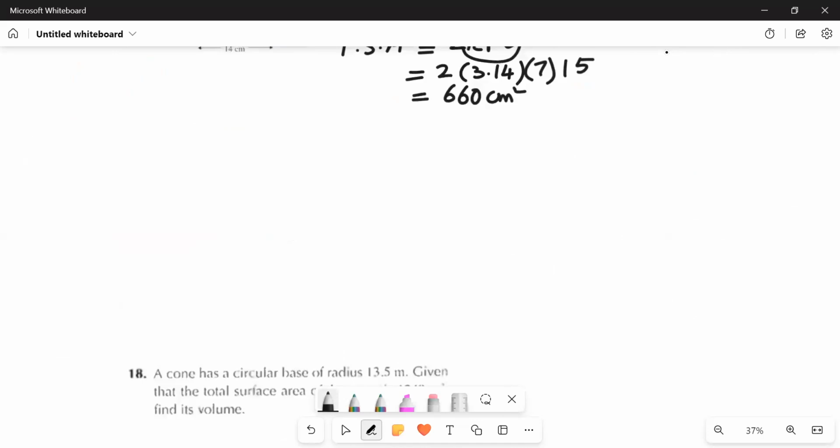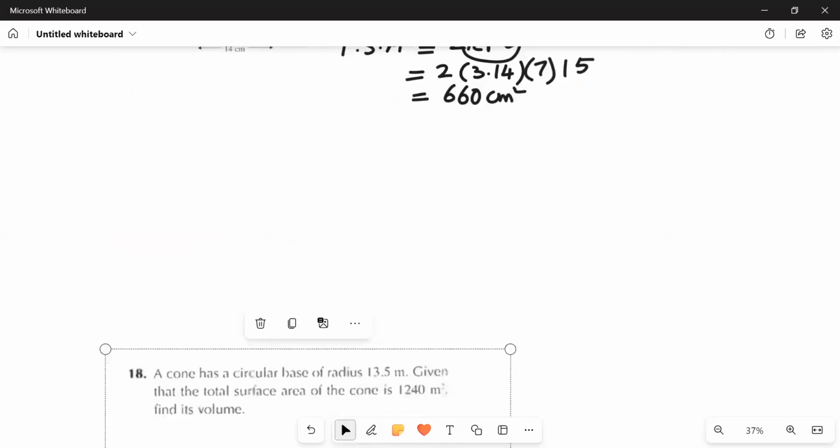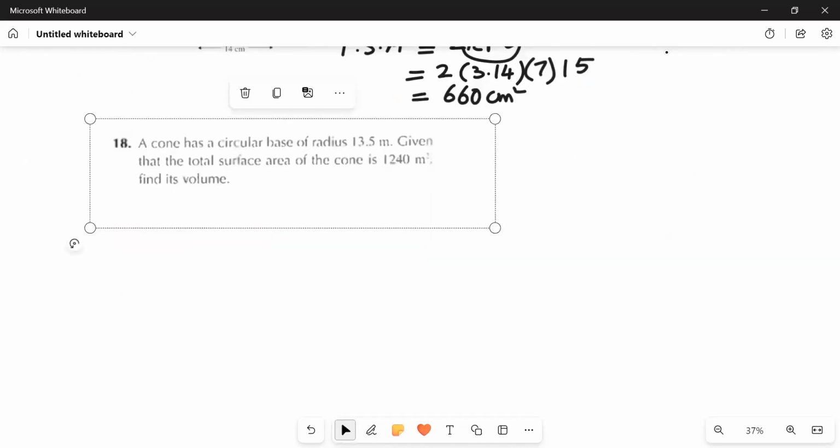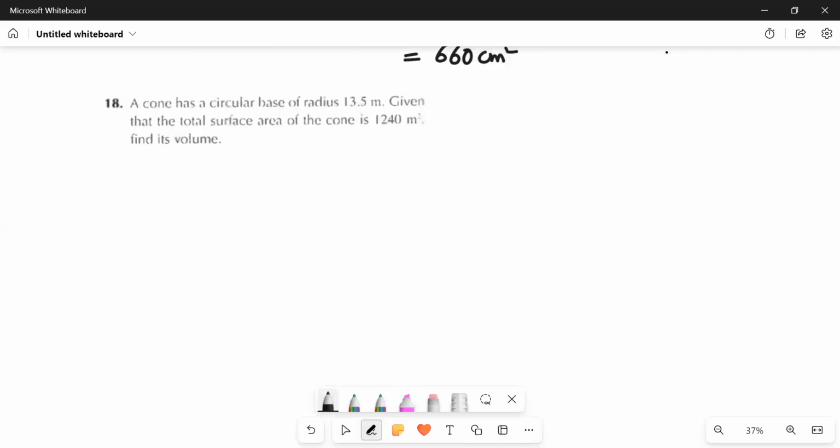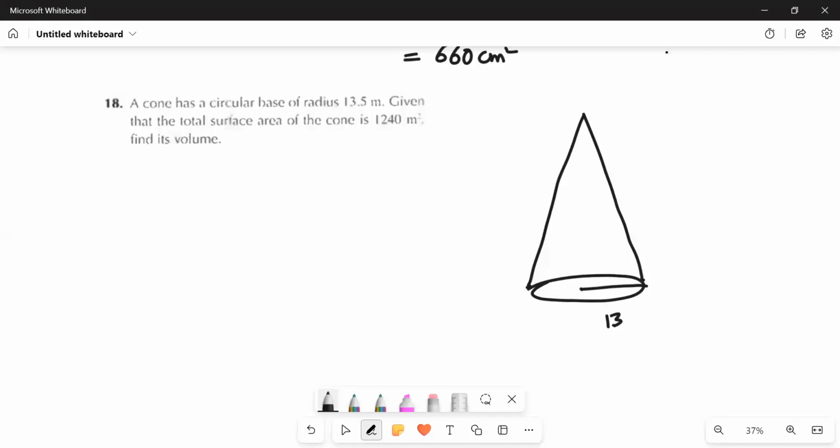Now this question is the last question of this exercise. A cone has a circular base of the radius. Now we will make the cone. Radius is given, meaning from the center point to the outer boundary is 13.5.